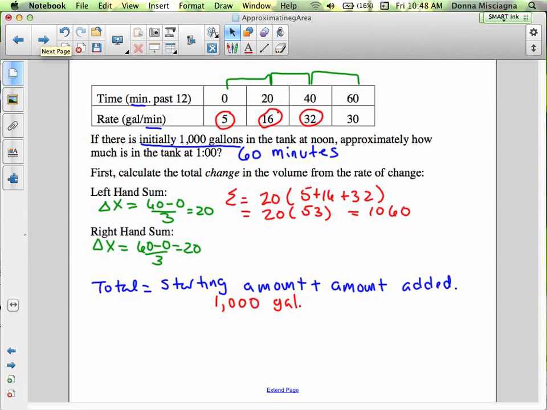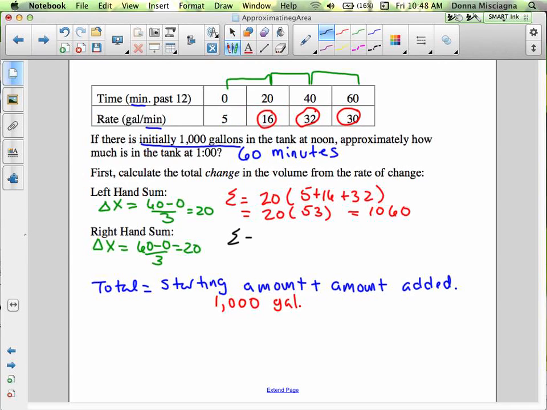All right, the right-hand Riemann sum doesn't use those values. It uses the values on the right-hand side of the bar, right? So it's going to use the 16, 32, and 30.